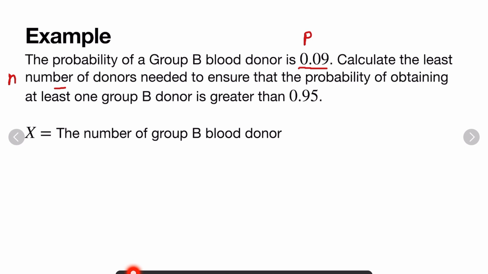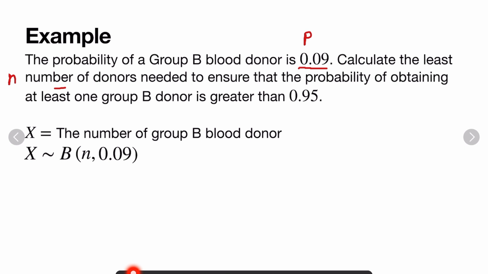Okay. Now, let us write down the parameters. So, x has binomial distribution. Okay, why do we say it is binomial? Because the probability of a group B blood donor is 0.09, and not a group B blood donor is 1 minus, sebaliknya, complements. So, x has binomial distribution with n. We don't know the n, but we know the p. p is 0.09.